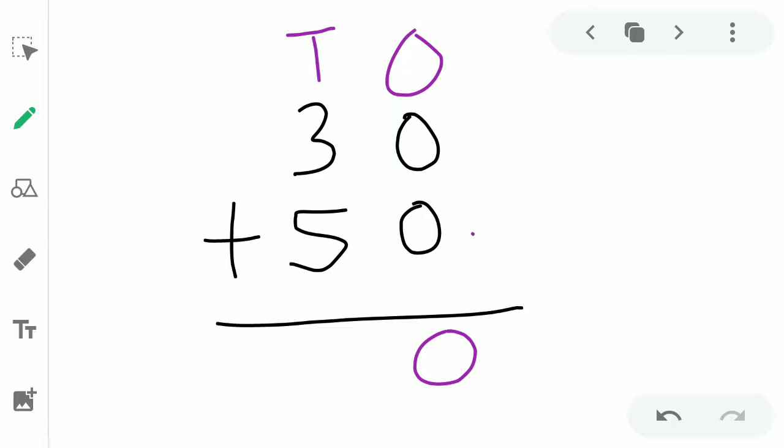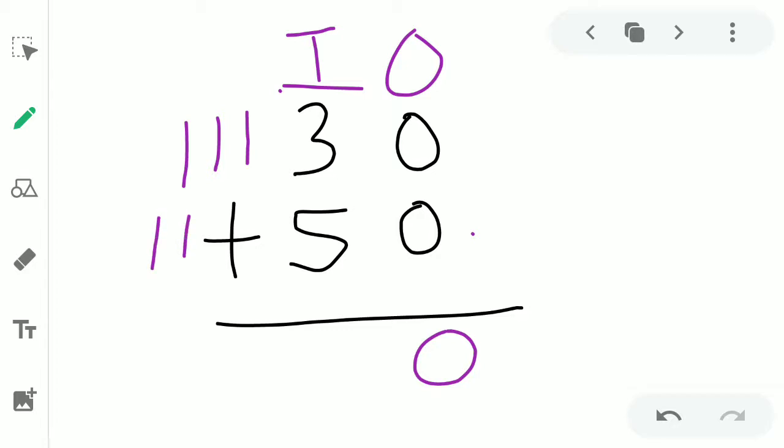And now let us start with the addition of these numbers which are given at the place of tens, or you can say which are given at the left side. Here we have number 3. So 1, 2, 3. We have drawn 3 lines, and here we have number 5.